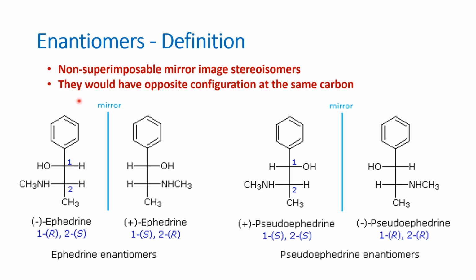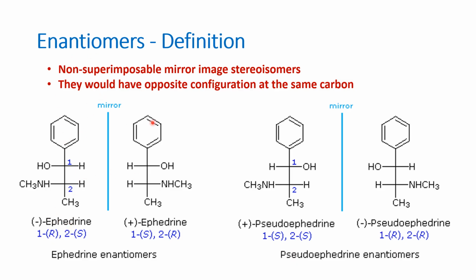Another thing that we must remember is how do I make out whether the given set of molecules are enantiomers? One of the simplest ways is to assign absolute configuration. What we mean by absolute configuration is we apply the Cahn-Ingold-Prelog rule or the CIP rule and assign configuration for the chiral centers. And then we try to see a connection between them.